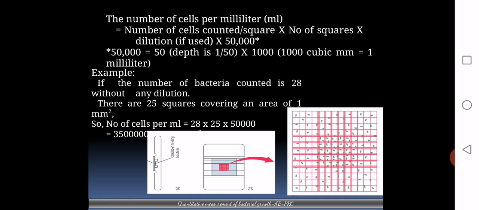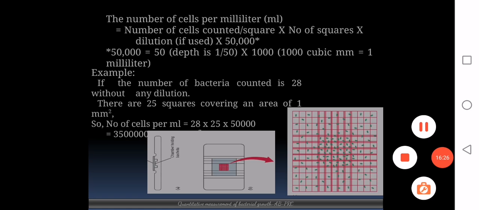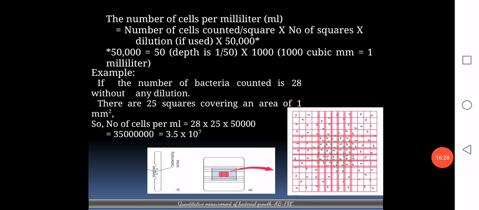If you count the number of bacteria in the 25 squares, then that value will be multiplied by 25. For example, if the number of bacteria is 28, then the number of cells per ml will be 28 into 25 into 50,000. So you will get a particular value, and that value represents the number of cells per ml.